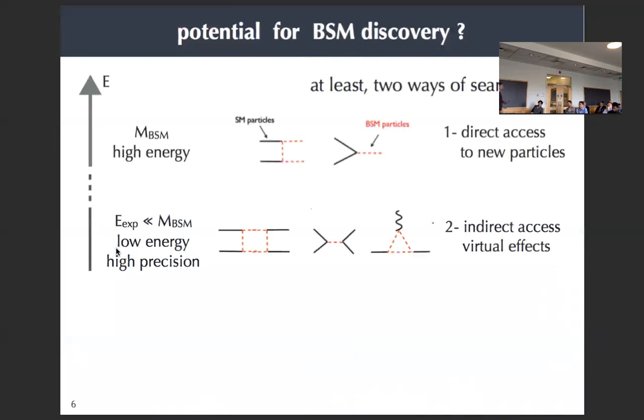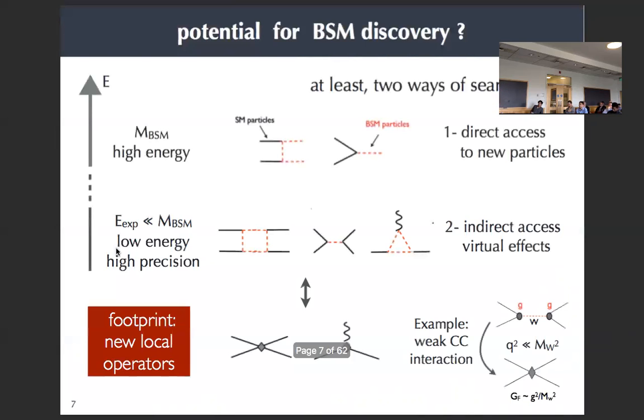And if your precision is really very high, you can even look at footprints left by these indirect evidences through new effects induced by local operators. For example, in semileptonic processes, these new dimension 6 local operators can involve 2 fermions or 4 fermions. And the typical example is the 4 fermion interaction, which is a reminiscence of the W exchange in the weak charged current interactions at larger energies.